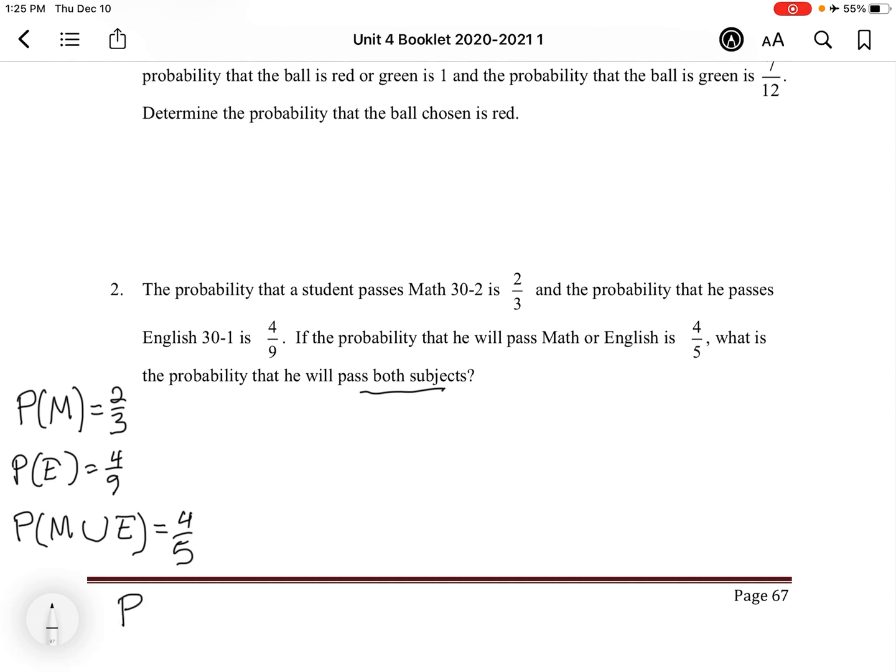So passing both subjects would be the probability that he's going to pass math and English. That's what we're looking for.